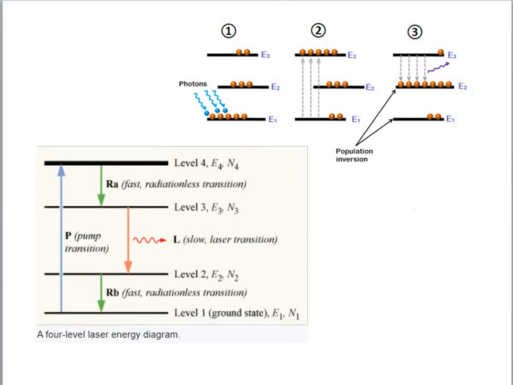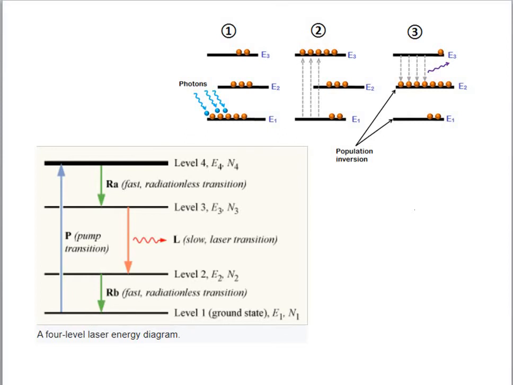Lasing action is nothing but stimulated emission of radiation. So in order to get stimulated emission, the higher energy state should be more populated than the lower energy state. That condition, where the higher energy state is more populated than the lower energy state, is an inverse of normal distribution.